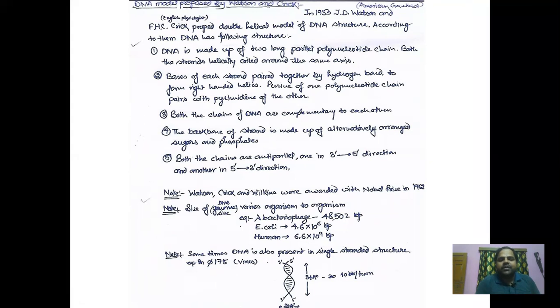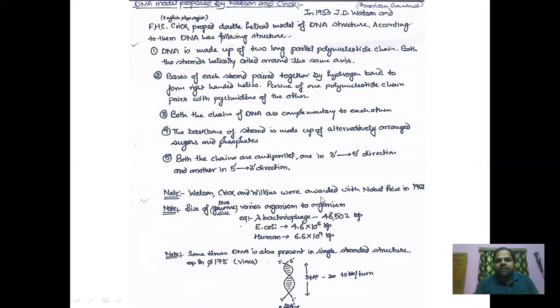I have already told that each chain is denoted by 3 prime and 5 prime ends. It means both will be arranged in an anti-parallel structure. If one chain is in the 5 prime to 3 prime direction, then the other chain will be in the 3 prime to 5 prime direction. If one is arranged 3 prime to 5 prime, then the other will be 5 prime to 3 prime. It means both strands will be in anti-parallel position.